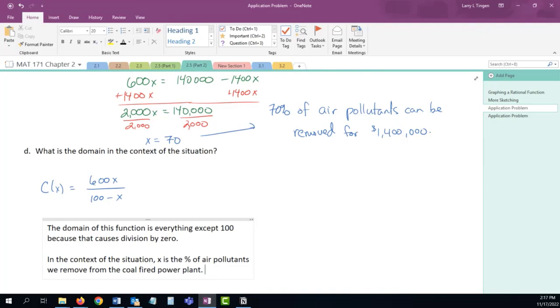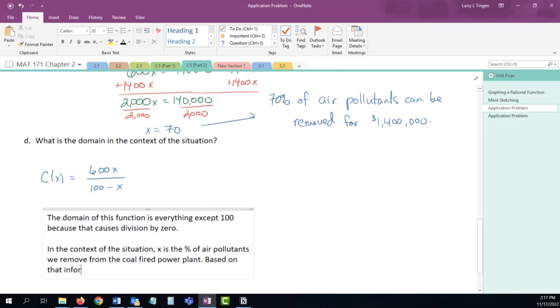So x lives between, it's a percentage, so it's got to be between 0 and 100, right? It has to be. So based on the problem, based on that information, the domain should be 0 to 100.